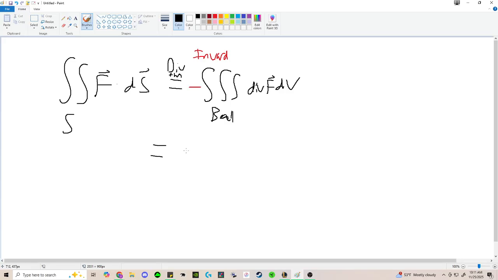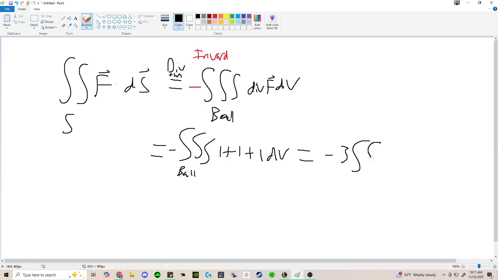Well, if we compute this, x plus e to the y, this will be the integral negative ball, the integral of 1 plus 1 dV, which is just negative 3 times the integral over the ball dV. Right, and then what is this guy going to be?